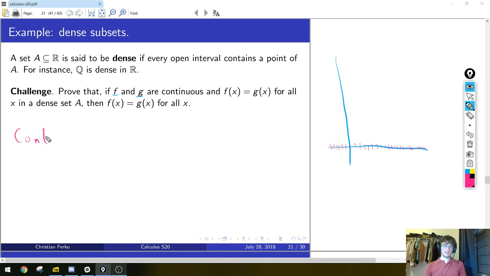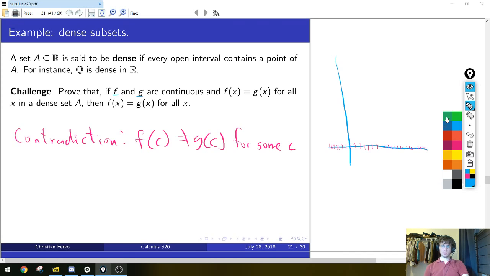Well, just the words. So you're saying you want to do a proof by contradiction so you negate the conclusion, right? So you're going to assume f of c is not equal to g of c for some c, right? Yeah. Okay. And then what do you want to do near that point c?